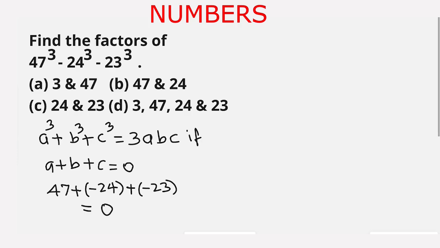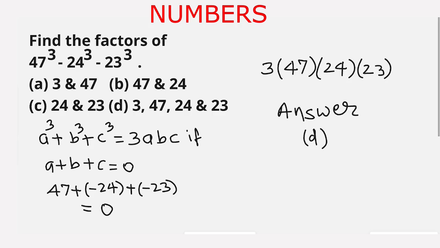So the factors will be 3, a, b, c. So the factors of the given expression are 3 multiplied by 47 multiplied by 24 multiplied by 23. Therefore, from the given options, our answer is option D, 3, 47, 24 and 23.